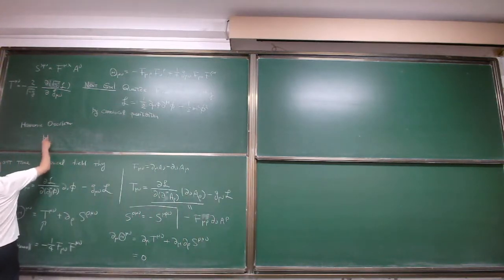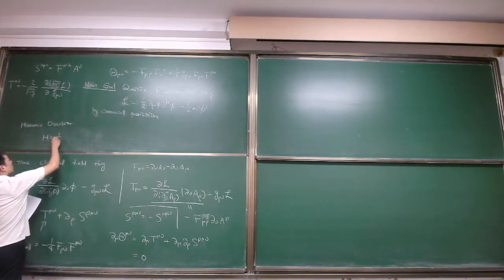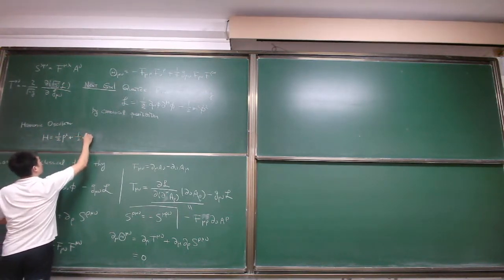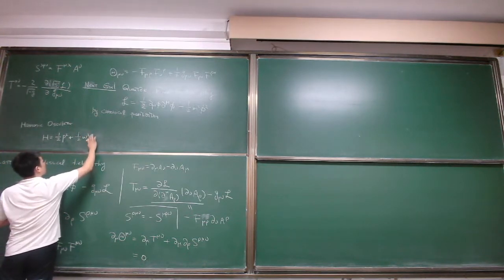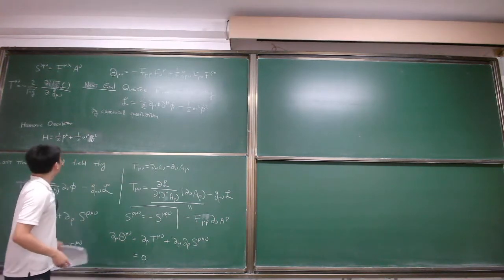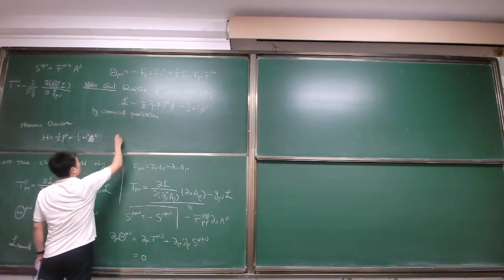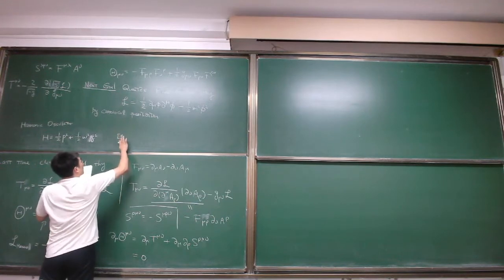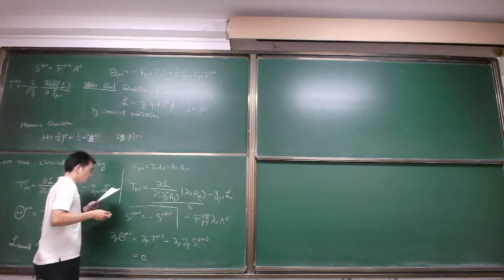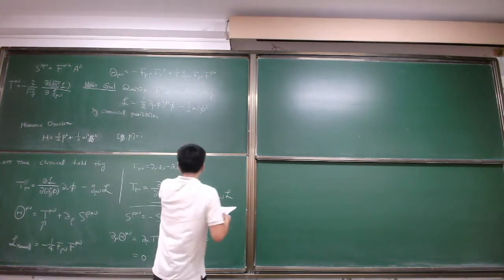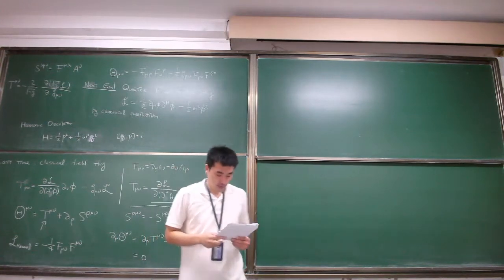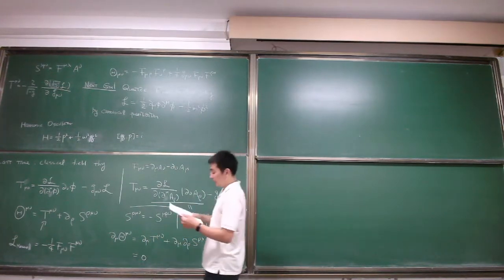The Hamiltonian is given by, as you know, 1/2 P square plus 1/2 omega square Q square. And we apply the canonical quantization condition, which is the relation between P and Q. This is the canonical quantization condition I told you last time.